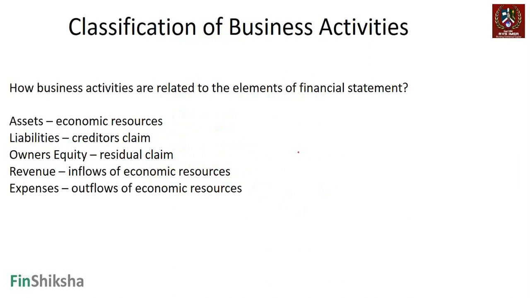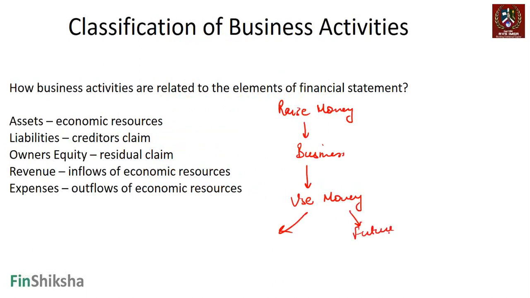So let's understand. This is a business. It can raise money, and then it can use money. The money can be used in two parts. It could be used in future growth, and it could be used in day-to-day activity.